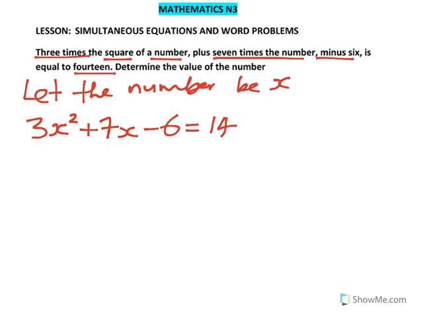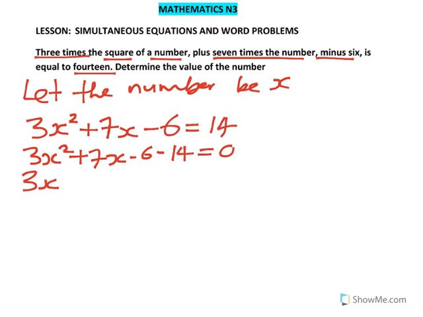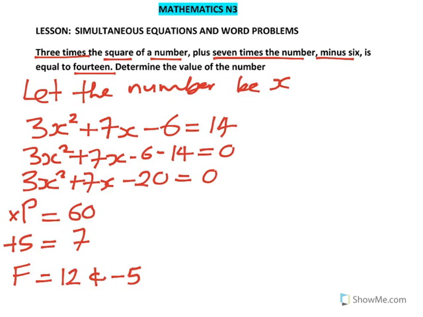Now you take 14 to the other side, you have 3x squared plus 7x minus 6 minus 14 is equal to 0. Then you've got 3x squared plus 7x minus 20 is equal to 0. Now if you use the product and sum method, this is how you're going to solve it. We need 2 numbers.